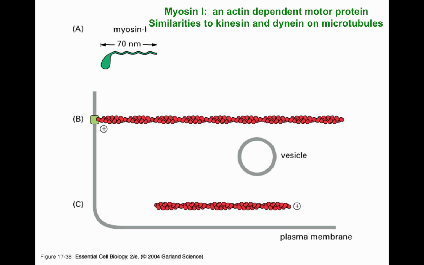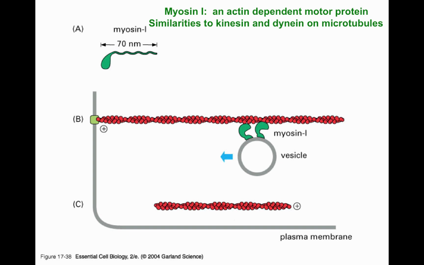Now, another one of the proteins that I would like you to remember is myosin 1. And myosin 1, as we discussed, is a simple motor myosin that works similar to a kinesin. It's actually related to kinesin in some ways, not to dynein directly, but to kinesin. So here, what we have now is a vesicle.